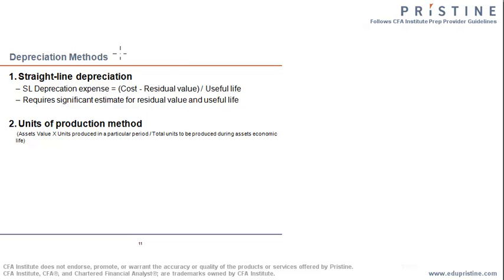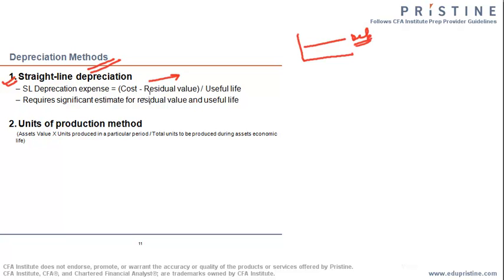The next few slides would deal with various kinds of depreciation methods. The first method is the straight line method. As per the straight line method, it assumes that during the life of the asset the depreciation amount would remain flat. Now how is this depreciation amount determined?